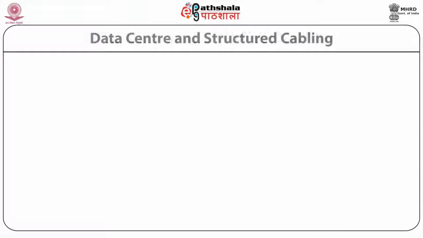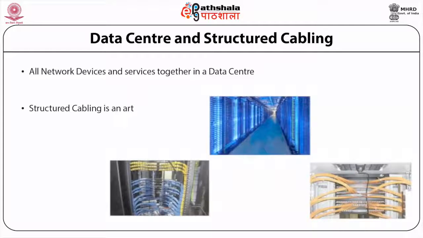I have a photograph of Google's data center, where all the network equipment is kept in a single room. Such a center is called a data center, where you will see servers and network devices, everything very artistically designed and placed. We are also coming up with a data center, and you can go to any data center near your place and see almost all these devices and the structured cabling there.